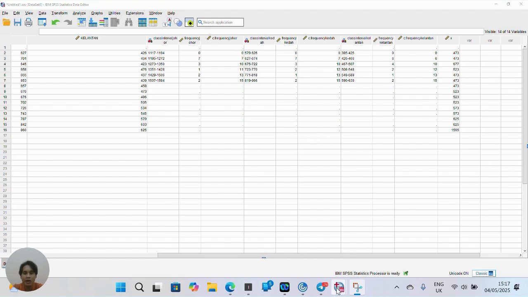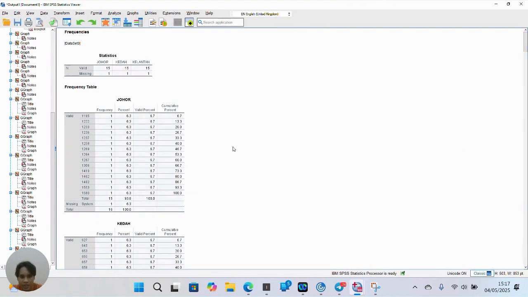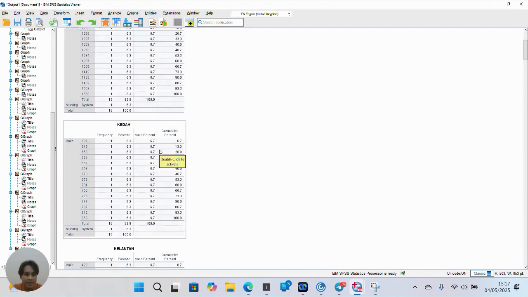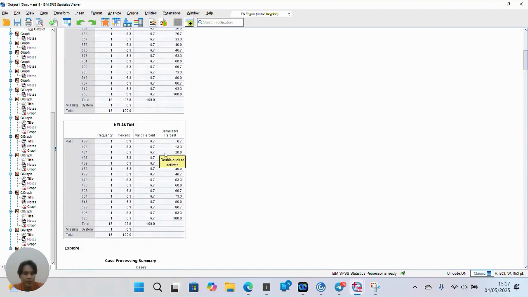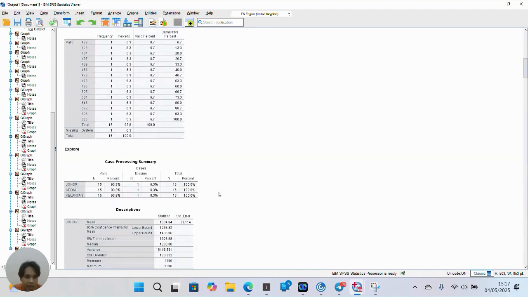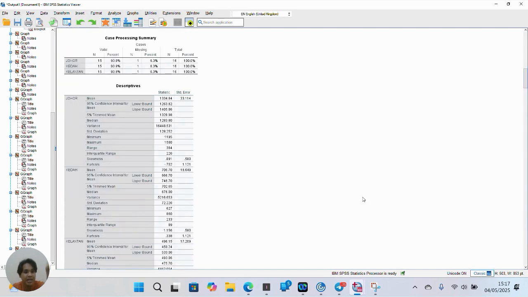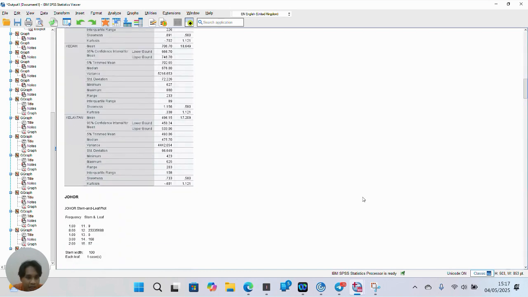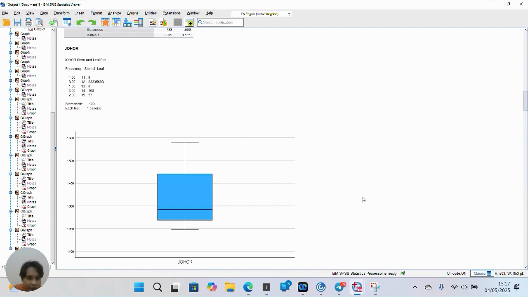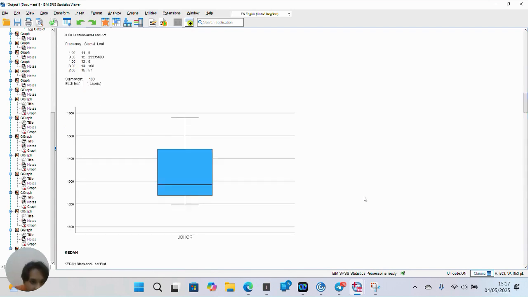So this is our attempt on SPSS software to do a calculation and obtain the required statistics. We gained our frequency distribution table with the help of SPSS software. As you can see, we managed to do the calculation using this software, and we got the mean, the standard error, and also the statistic.